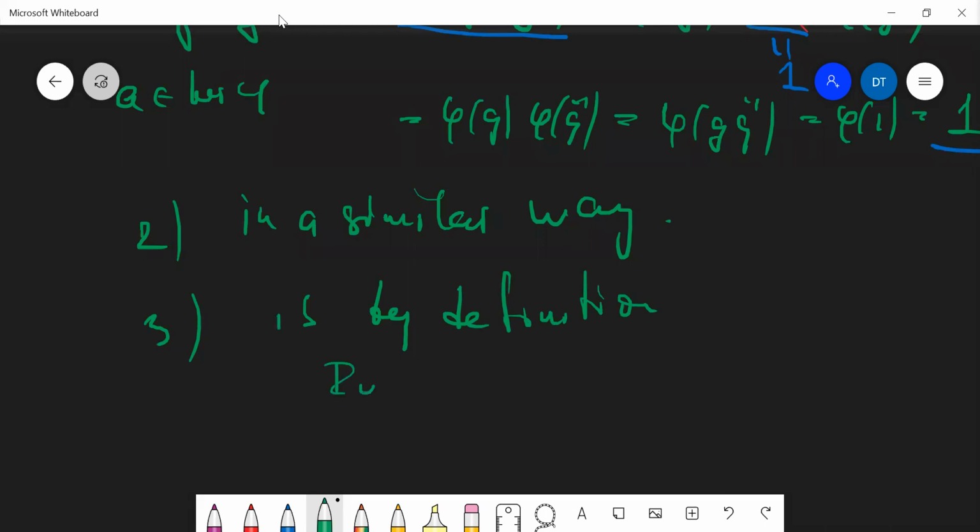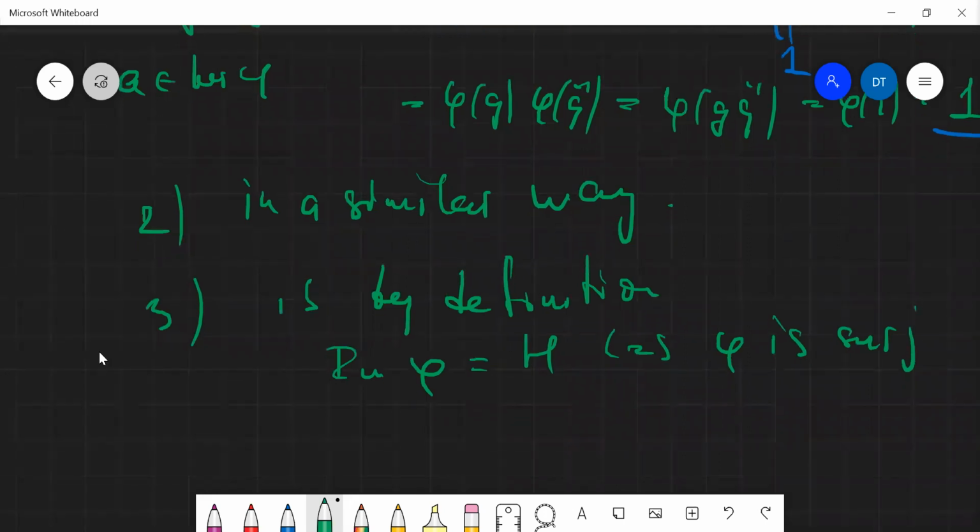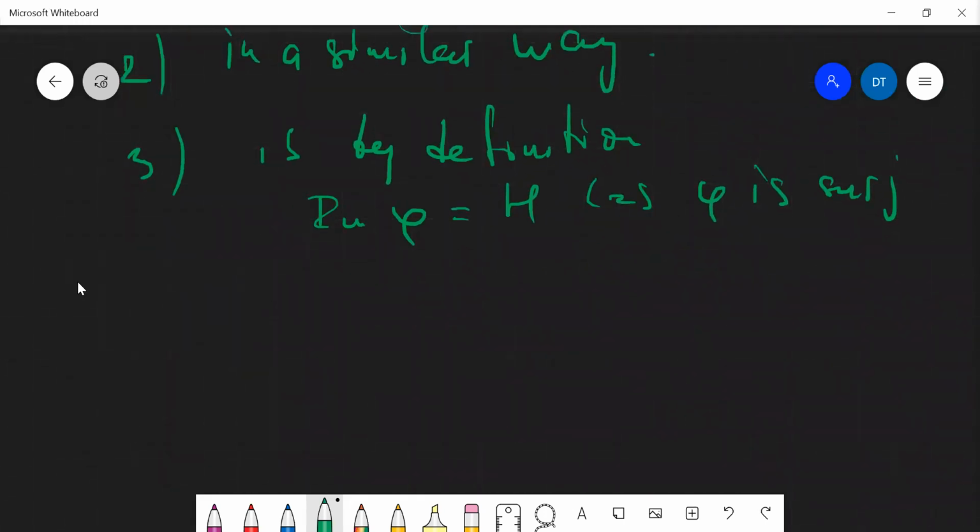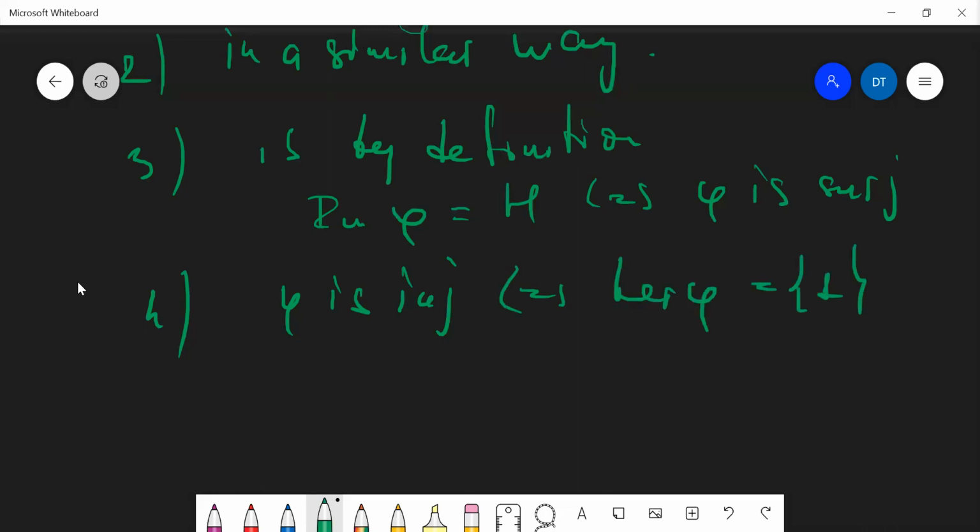Let me recall that the third claim says that image of phi equals H if and only if phi is surjective. But this is just the definition of the surjectivity. And the last claim says that phi is injective if and only if the kernel of phi contains only one element, which is the neutral element. Let's prove that.